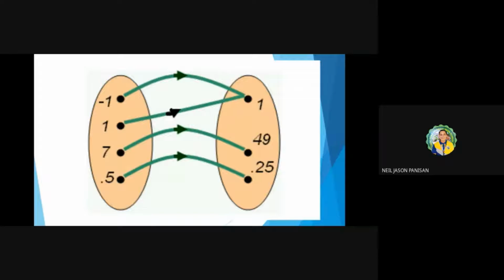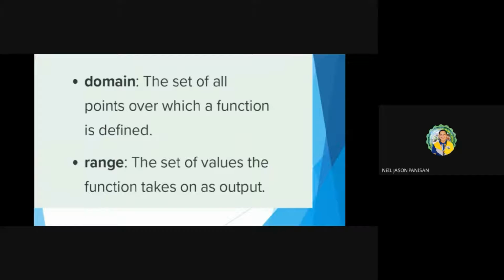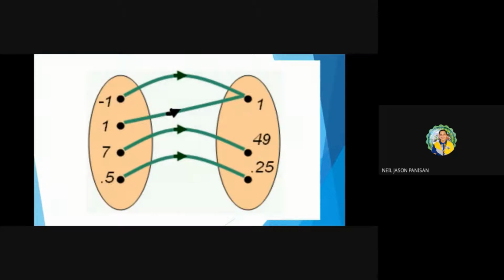So in the left ovals, we have -1, +1, 7.5. These are the x values. And in the right oval, +1, 49.25. These are now the y values or the range.